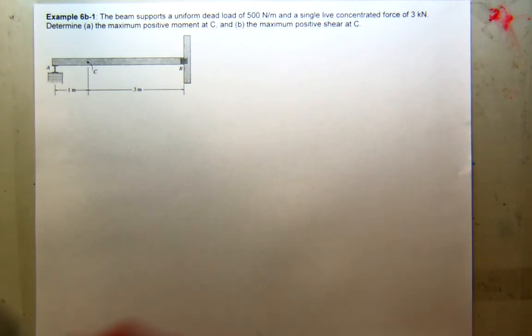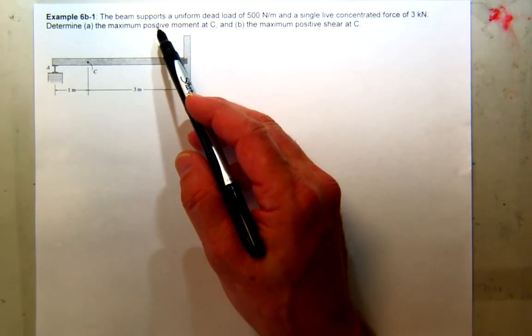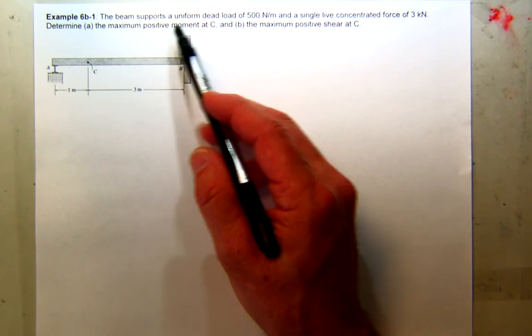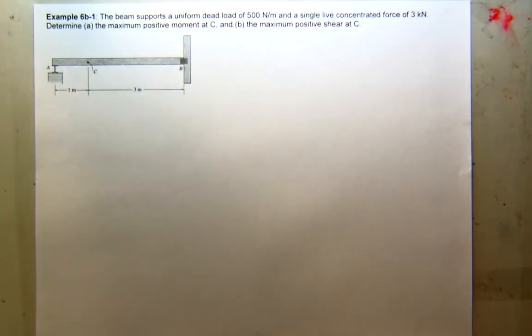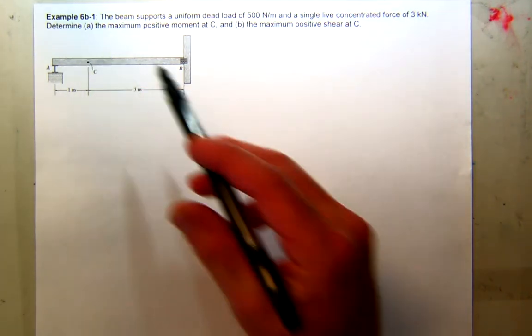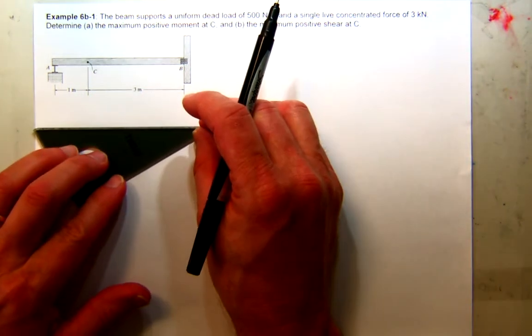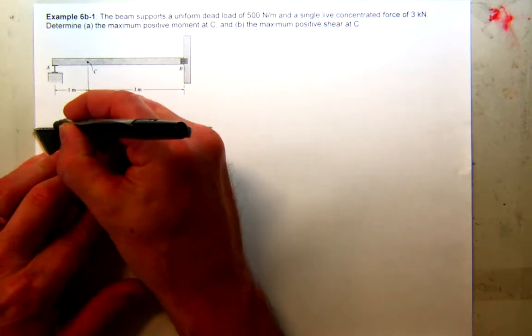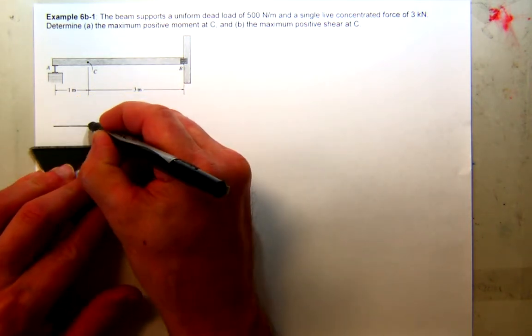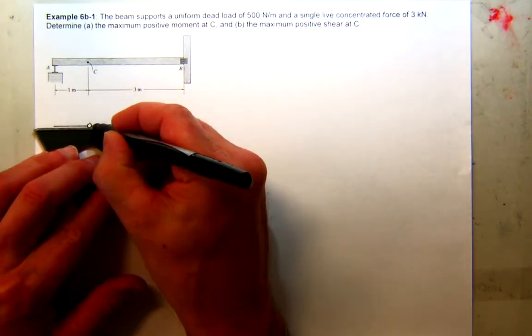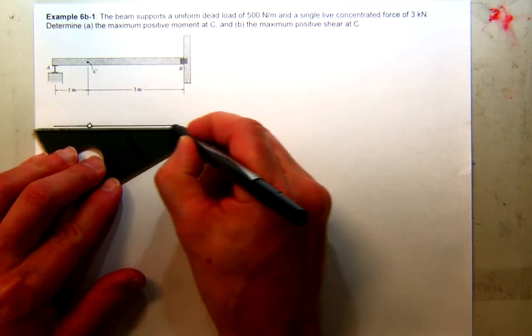So the first thing we need to do is draw the influence line for moment at C and then shear at C. So we'll do the moment part first, part A. So you might recall that our strategy is to come to C and put in our momentless connection, which would be a hinge.